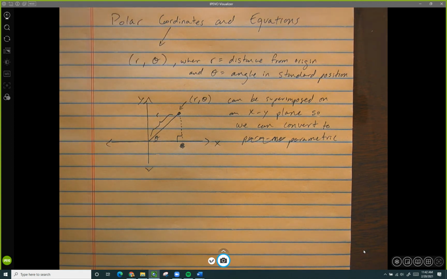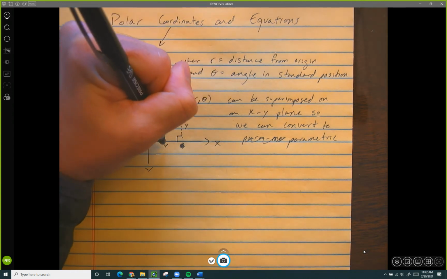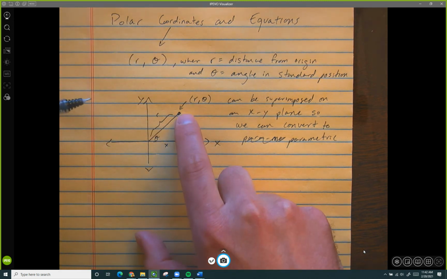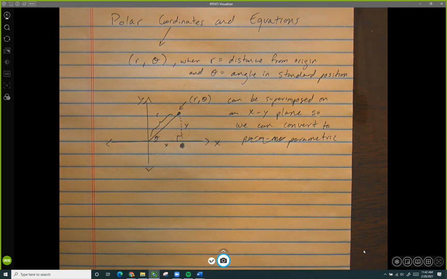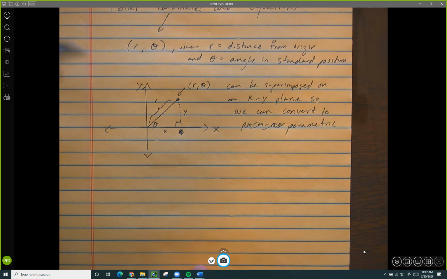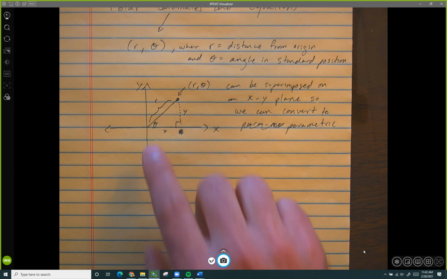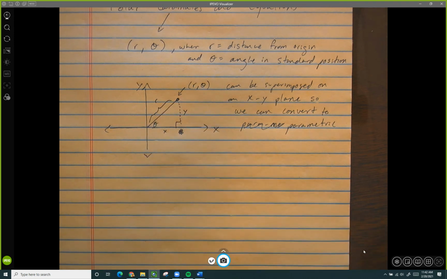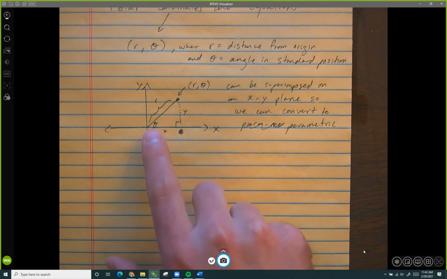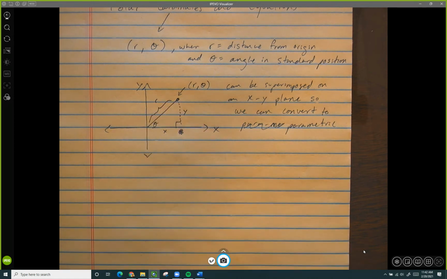And so we're going to have an x and a y corresponding to that point in space that we call r comma theta. So we know that x squared plus y squared equals r squared. We know that sine of theta is y over r.